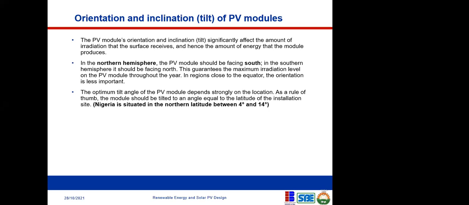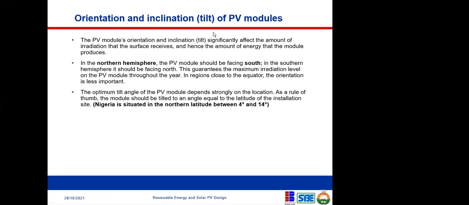The optimum tilt angle of the PV models depends strongly on the location. So you cannot be installing in Kaduna and use the same tilt angle as when you're installing in Rivers. So how do you determine your tilt angle? As a rule of thumb, the model should be tilted to an angle equal to the latitude of your installation site.